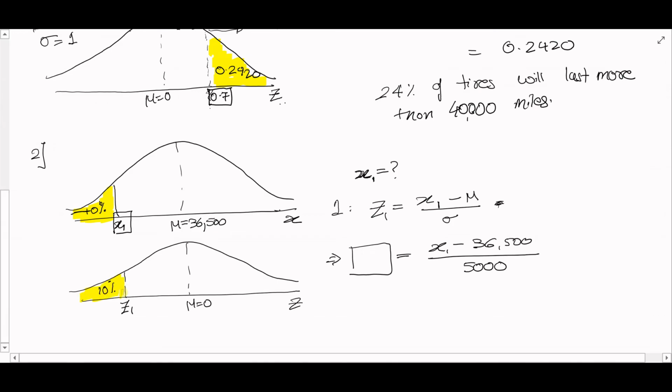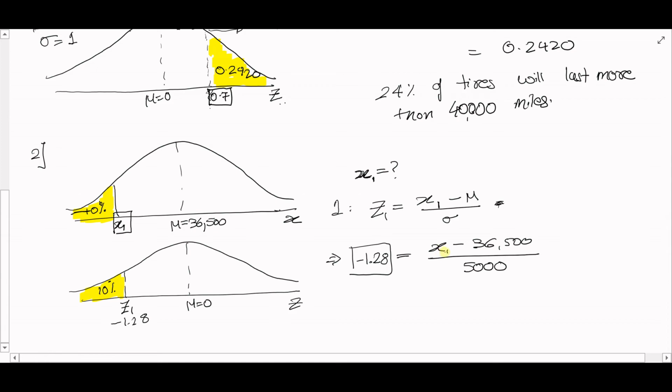You go to the standard normal table and look at an entry which is as close as possible to 10% or 0.100, and you will notice the entry which is close to 0.100 is the row called -1.2 and the column which is labeled 0.08. So the z value is -1.28.